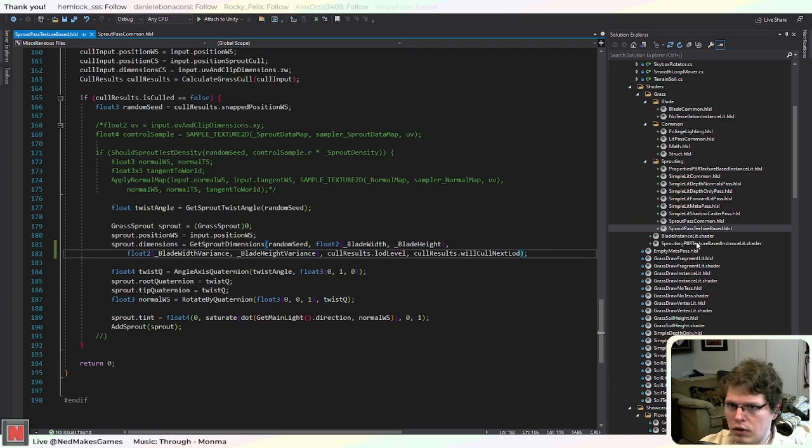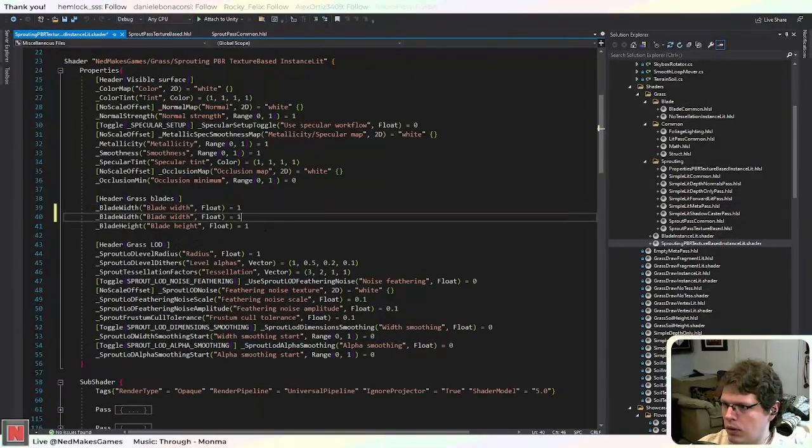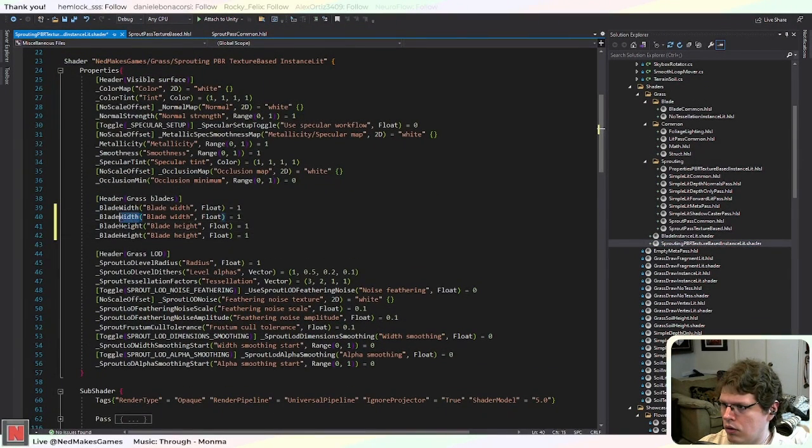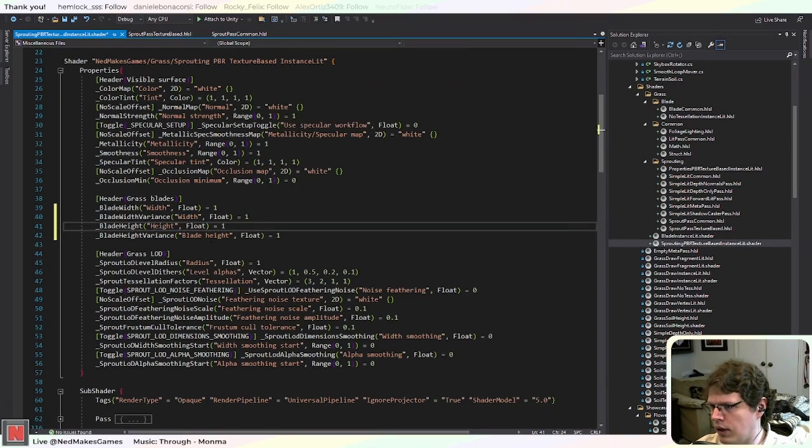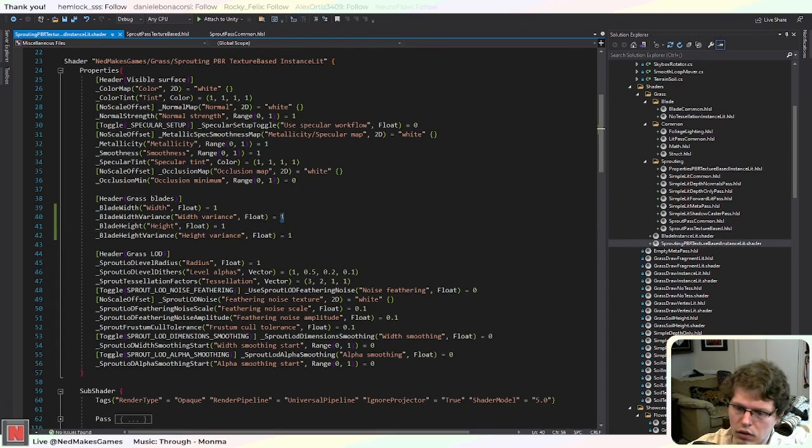Okay, so now I need to add height and width variance here. Oh yeah, I also don't need to have blade at the beginning of both of these because we have the header. Okay, I guess I'll set these to 0 by default.